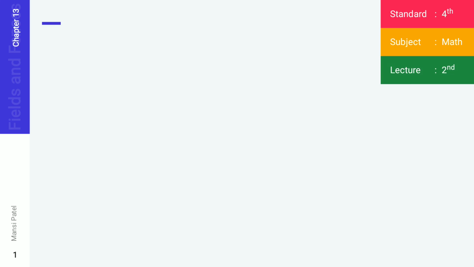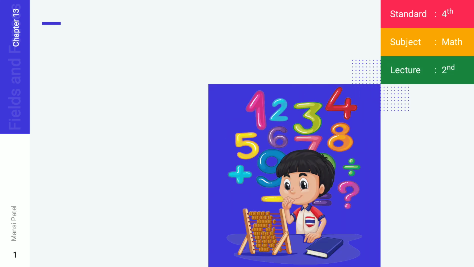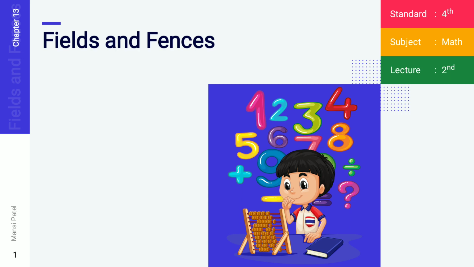As you know already, the name of our chapter number 13 is Fields and Fences. In our previous session, we just took an overview of fields and fences. What is the meaning of this? What do we have to do in this chapter?